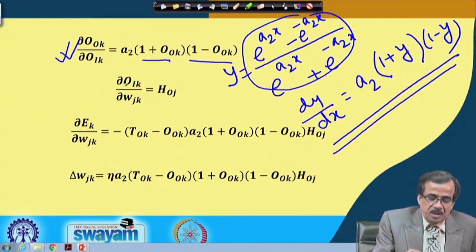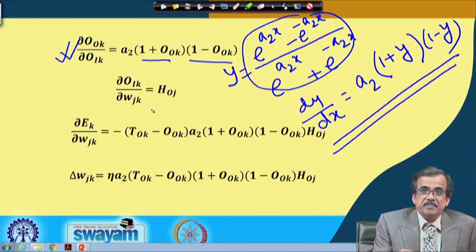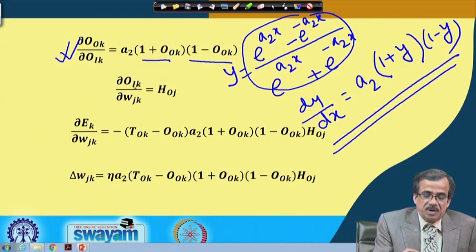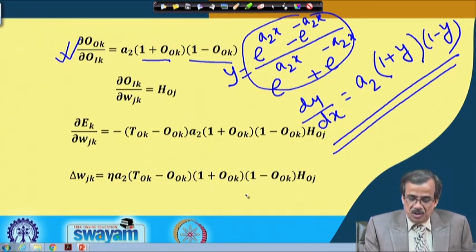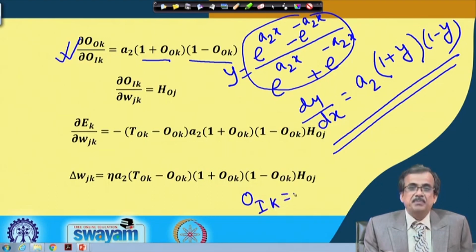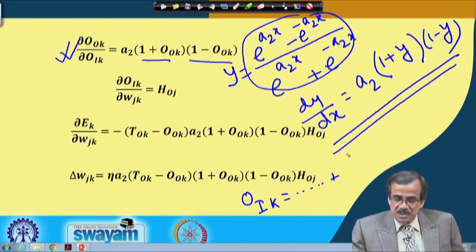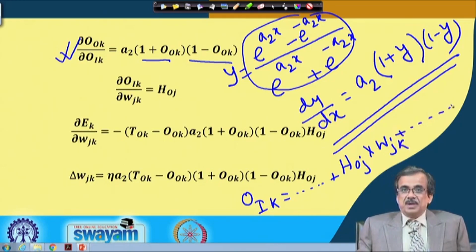Now comes the partial derivative of O_Ik with respect to w_jk. Here, if you remember, this O_Ik is the input of the kth neuron lying on the output layer. If you find that expression, there will be a few terms, but in the middle we will get a term that is H_Oj multiplied by w_jk.